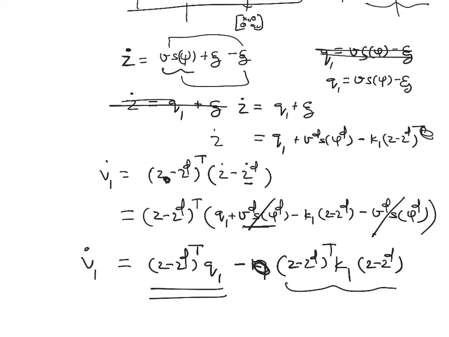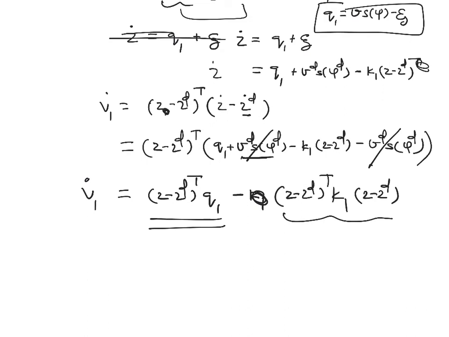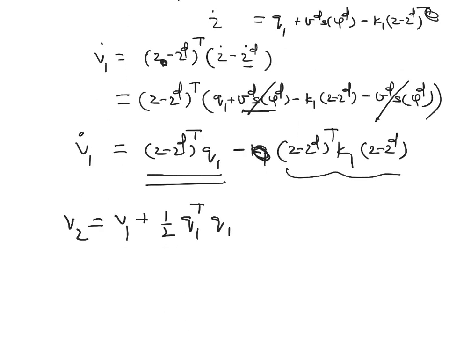Where is my q1? Here. In the next step we will need q1 dot. What will be our new candidate function? That will be v2 equals v1 plus half q1 transpose into q1, because I want q1 to go to 0. So what is my q1?